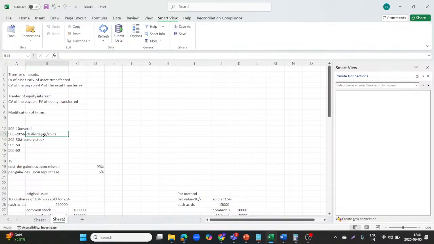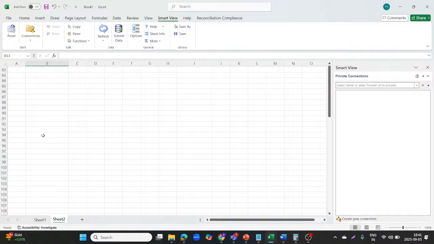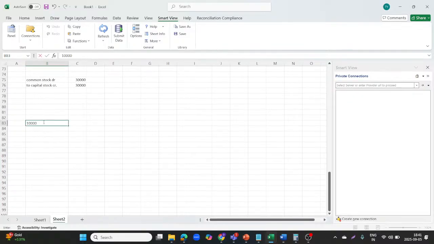Suppose before the split, common stock was 10,000 shares outstanding at ₹10, so it will be 1 lakh stated capital. After the split, suppose there are 20,000 shares issued at 5 per share. Earlier there were 10,000 shares at 10 par value. Now after the stock split, the 10 rupees value is broken in half, so the shares double to 20,000 at 5 per share.